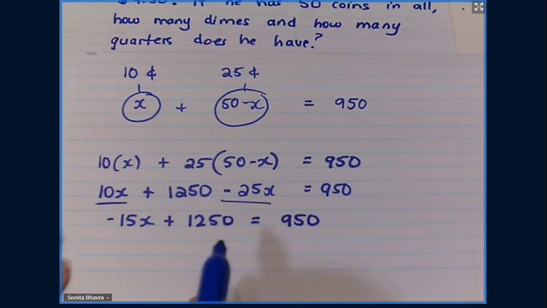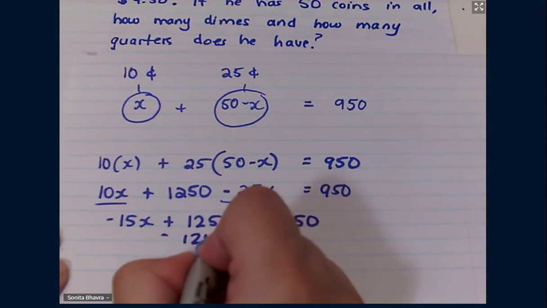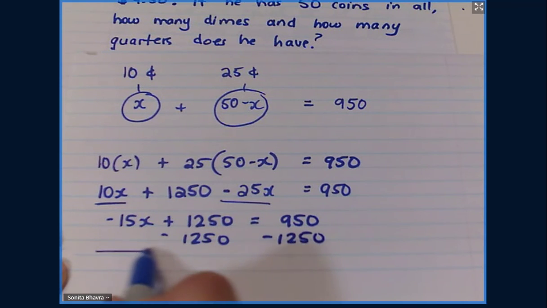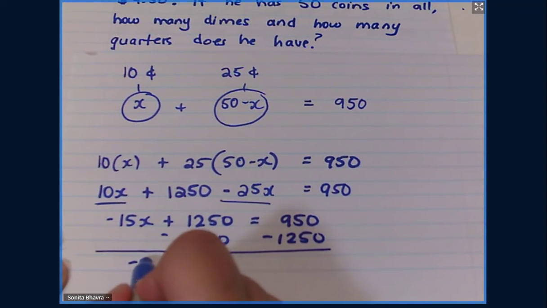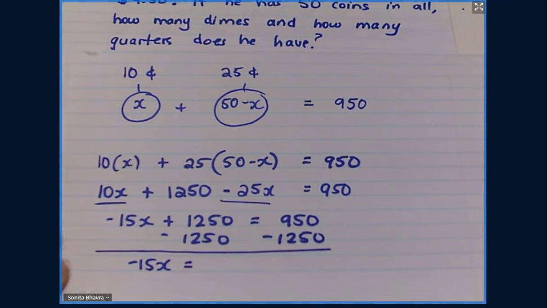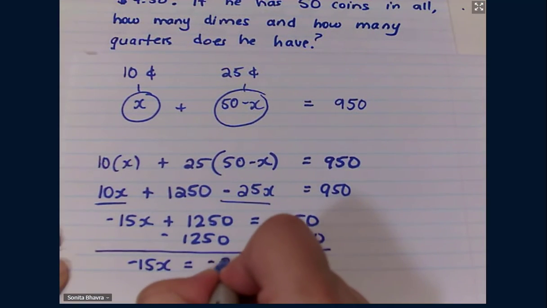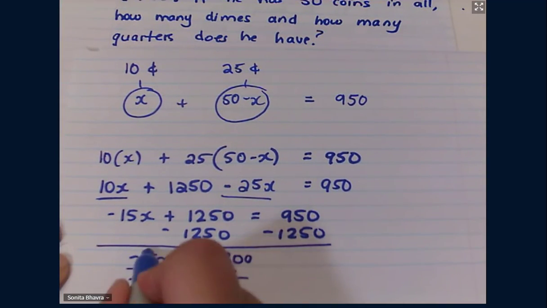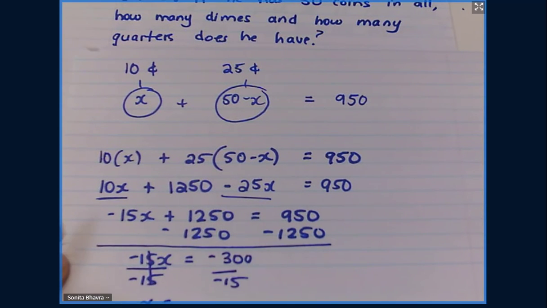Then we would subtract the 1,250 on both sides. And that gives me negative 15x is equal to negative 300. Divide by negative 15 on both sides, and x is equal to 20.